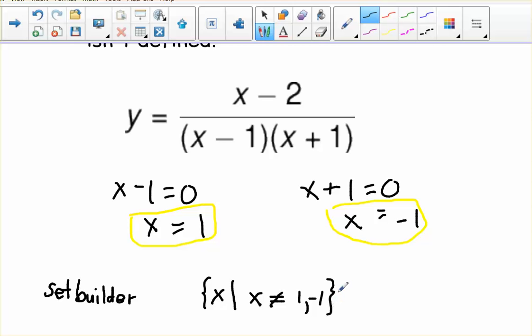There you go. So I've got these curly brackets. And again, you're going to read this mathematically. It says it's the set of all x such that, that's what that bar means, x is not equal to 1, comma, negative 1. So those are values that we're going to exclude.